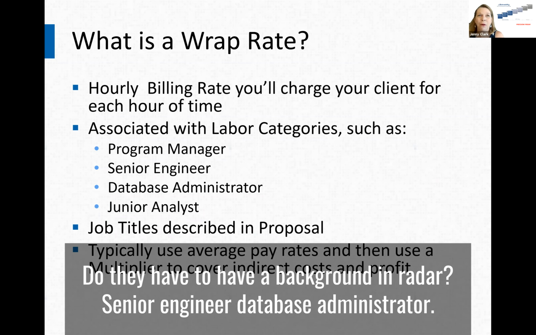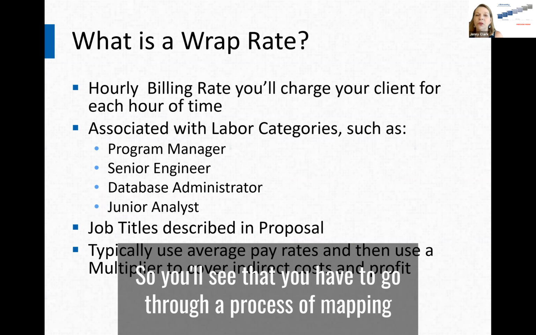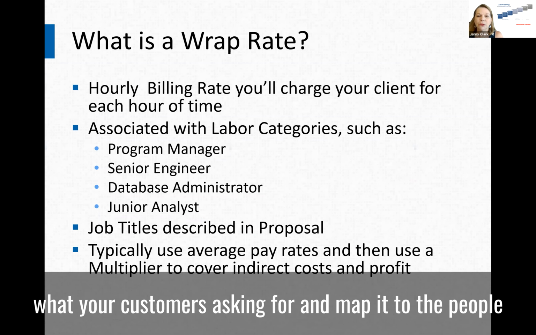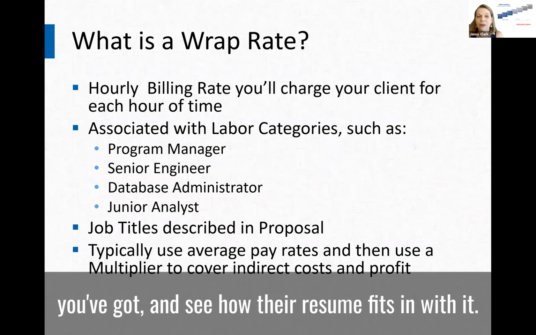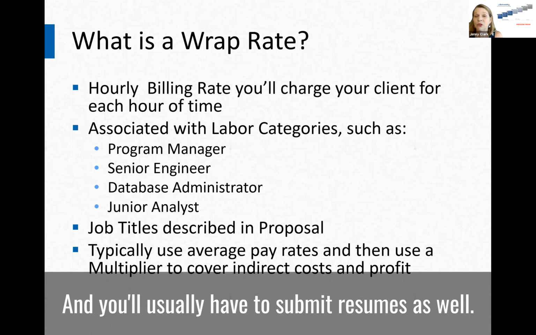Do they have to have a background in radar? So you'll see that you have to go through a process of mapping what your customer is asking for and map it to the people you've got and see how their resume fits in with it. And you'll usually have to submit resumes as well.